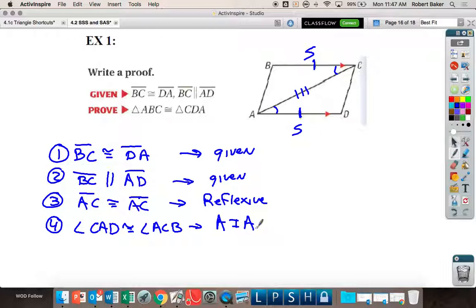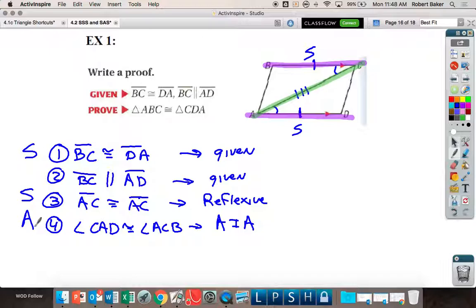So I heard a good trick. Color the parallel lines, color the transversal. This angle is created by those two colored lines. This angle is created by those two colored lines. So those are your alternate interior angles. Now if you go back and use my trick, you have a side statement here, you have a side statement here, and you have an angle statement here.